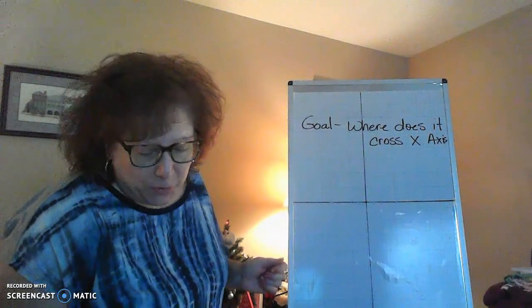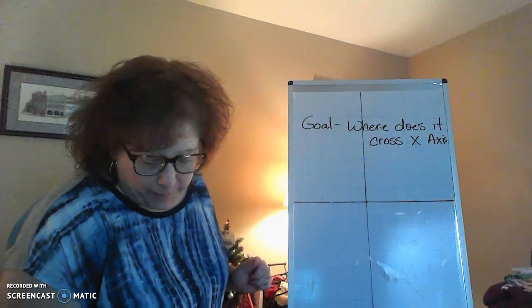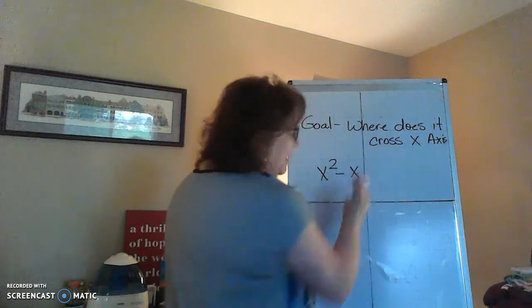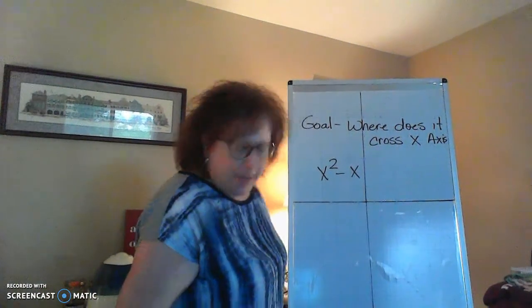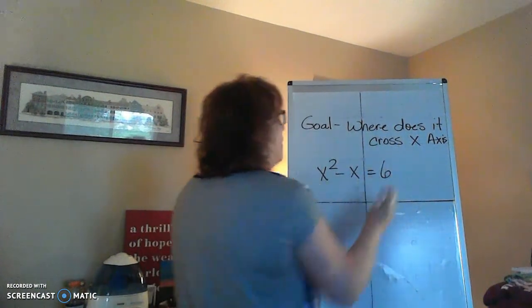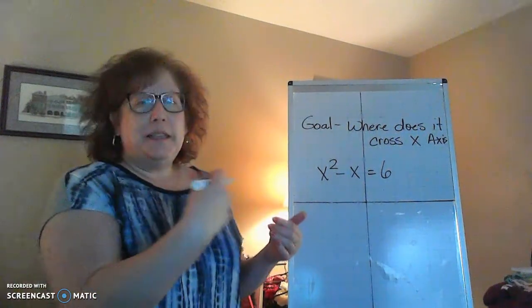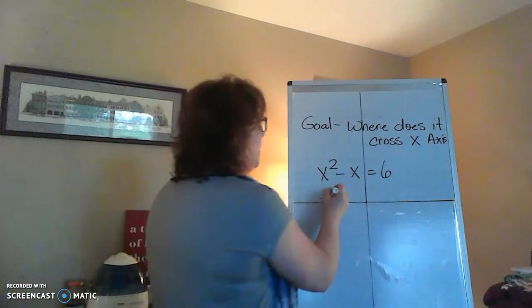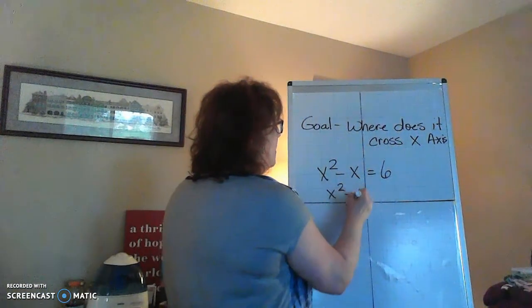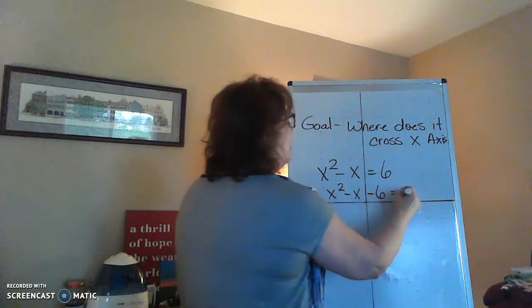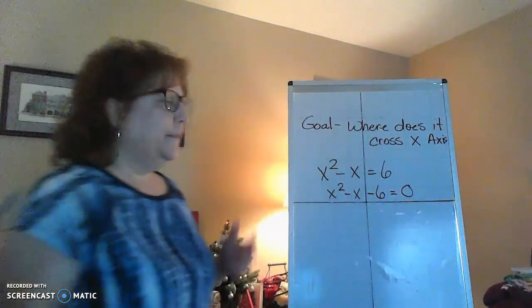So we have x squared minus x equals 6. Now, we have to write this in standard form, which means that that 6 has to come over to the other side. So we're going to have x squared minus x, and we bring it over to the other side, minus 6 equals 0, or y.